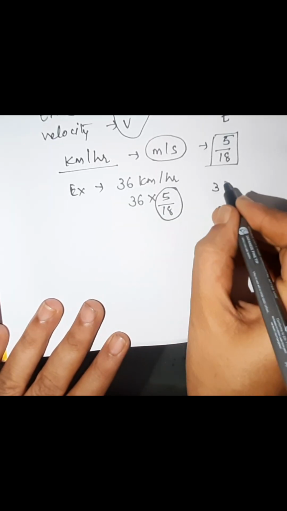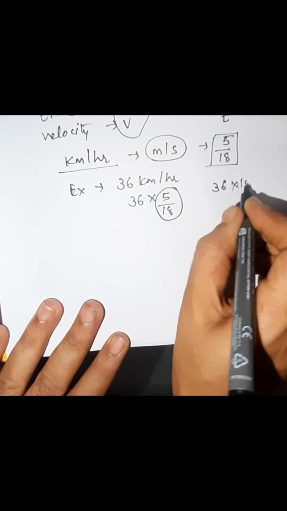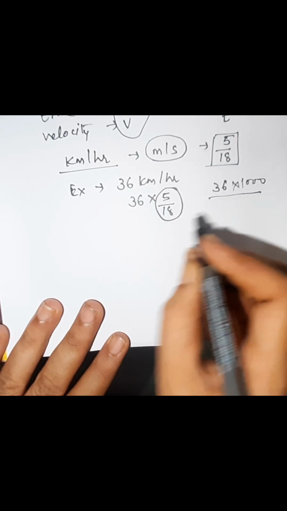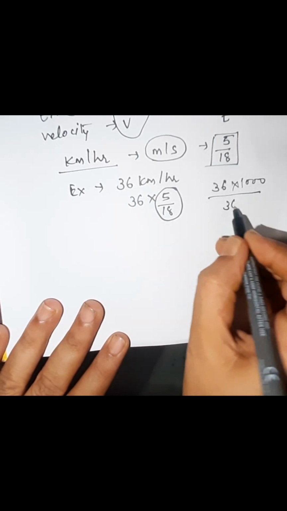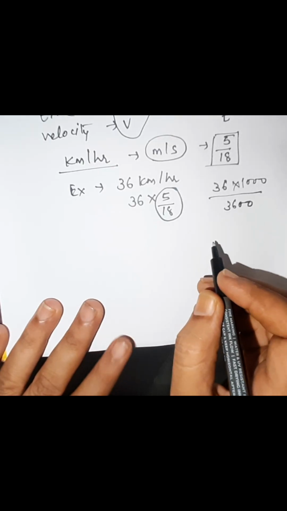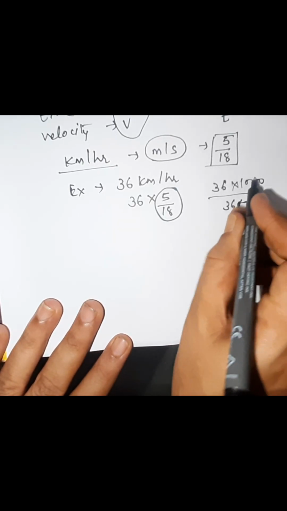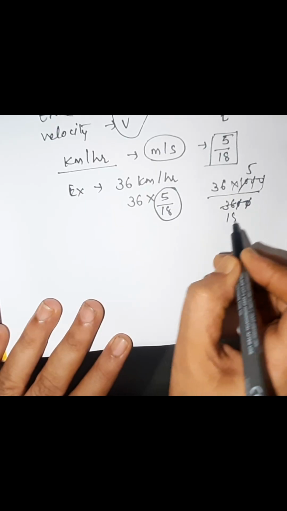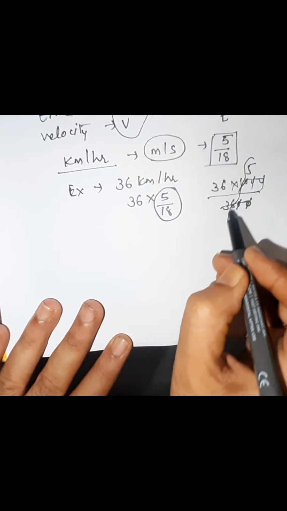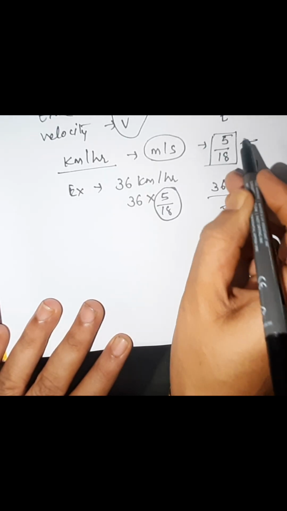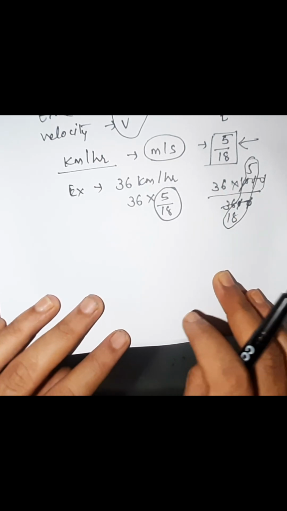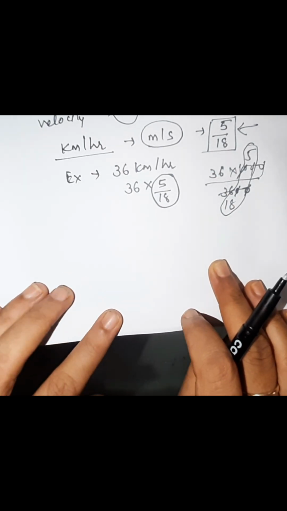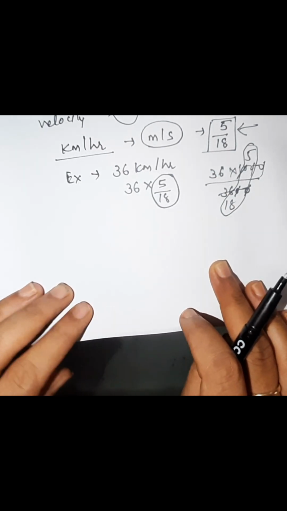Converting kilometer to meter, multiplying by 1000, and hour to seconds, dividing by 3600. So the zeros got cancelled. 2 5s are 10 and 2 18s are 36. So that's why we multiplied it by 5 upon 18. So everyone can directly remember, to convert kilometer per hour into meter per second we can multiply by 5 upon 18.